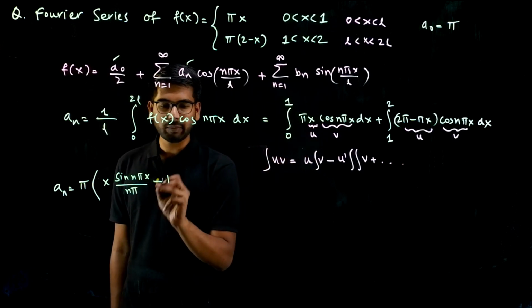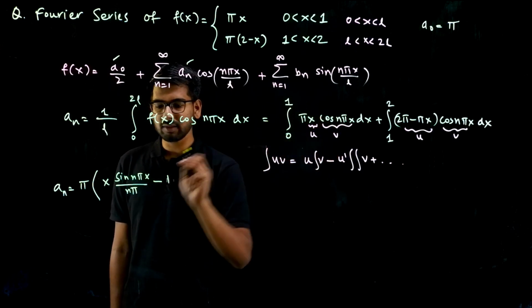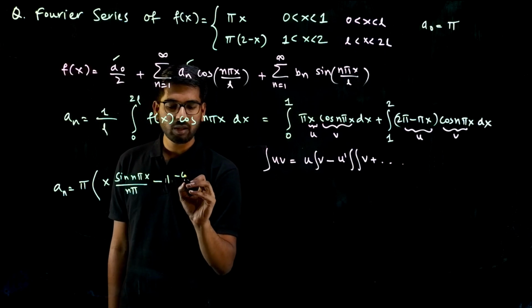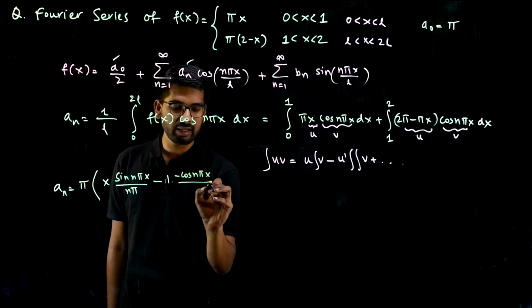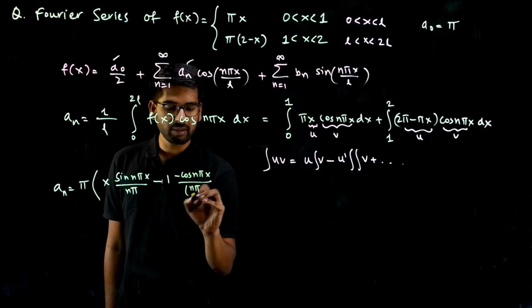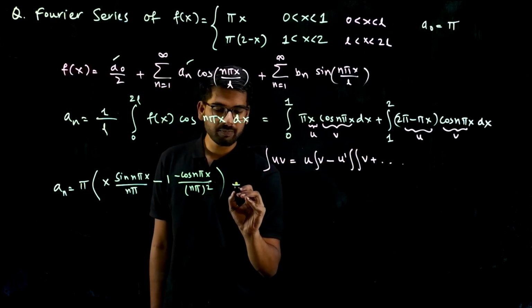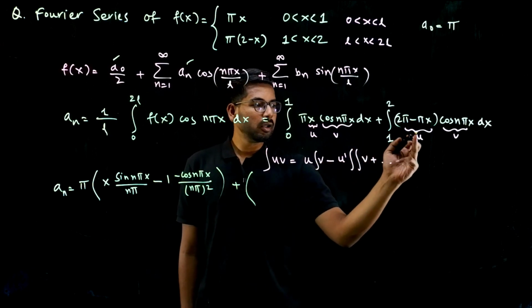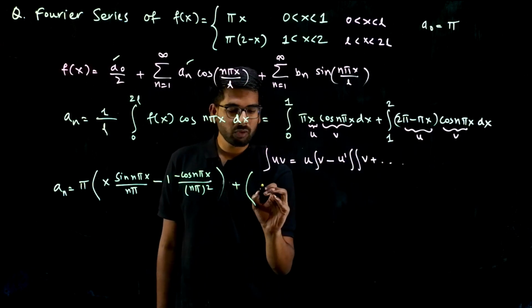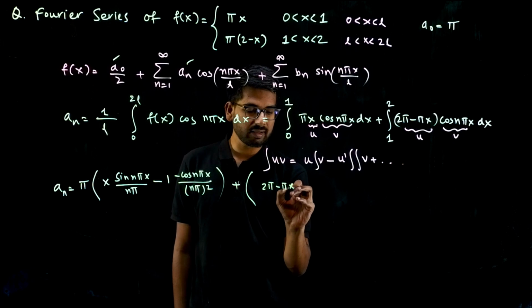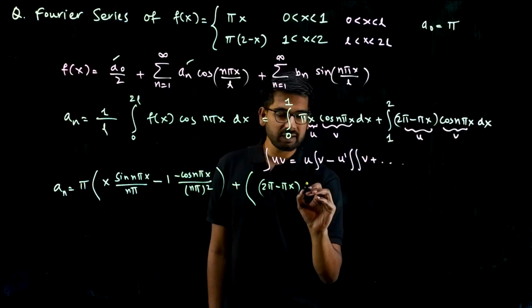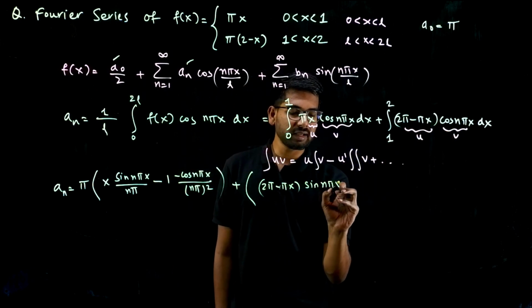And the second integral of cos(n pi x), which is the integration of sin(n pi x), is minus cos(n pi x) by n pi, and this n pi will become (n pi) square. Okay, so this is the first term, plus u into integration of v. u is 2 pi minus pi x as it is. Integration of cos(n pi x) is sin(n pi x) by n pi.